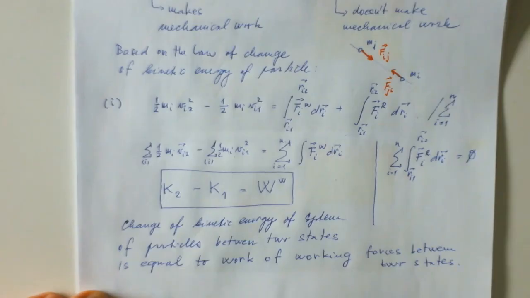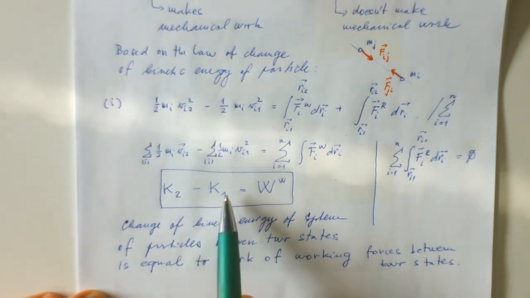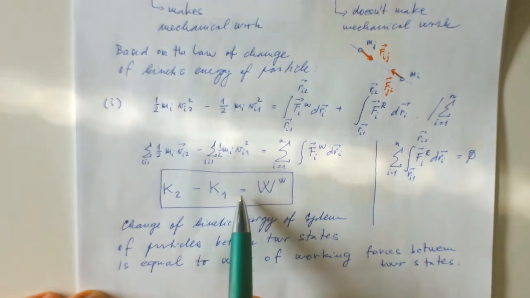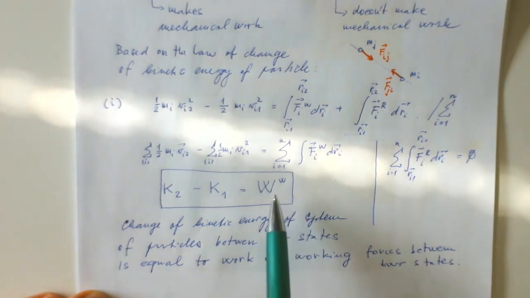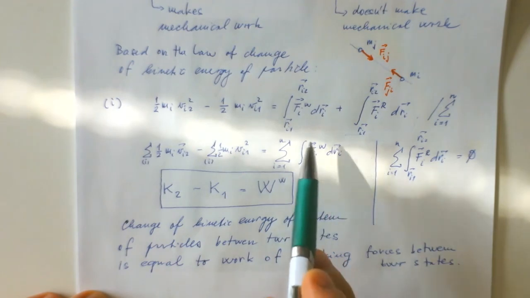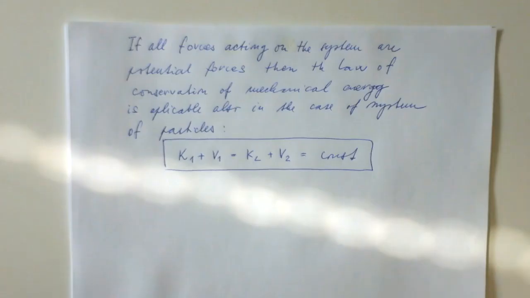So finally, we can say that change of kinetic energy of system of particles between two states, K2 minus K1, is equal to work of working forces between these states.